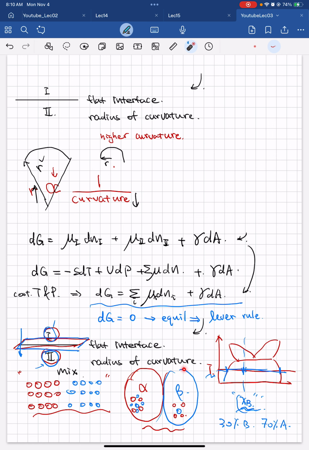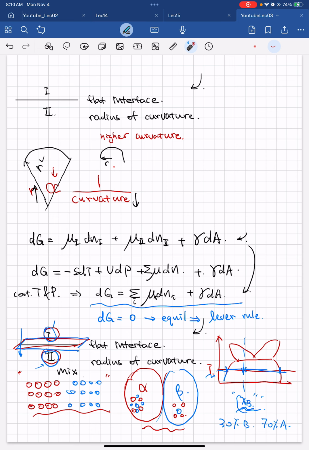If beta is forming faster, then it will move towards this direction. So that is the concept here. And at equilibrium, it will stop at here.